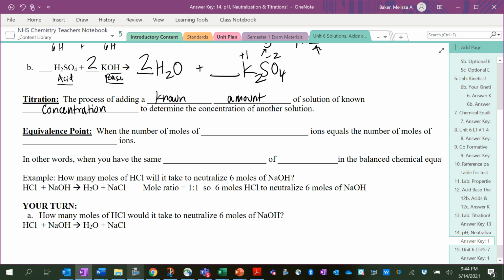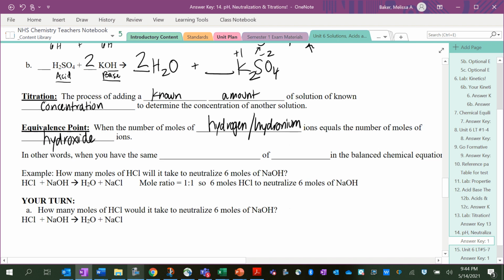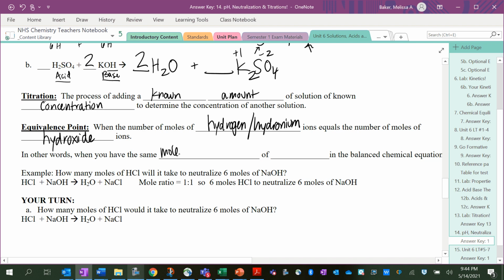And the equivalence point is when the number of moles of hydrogen, hydronium, those can be used interchangeably, ions equals the number of moles of hydroxide ions. So it's like they all cancel each other out. In other words, when you have the same mole to mole ratio of reactants in the balanced chemical equation.